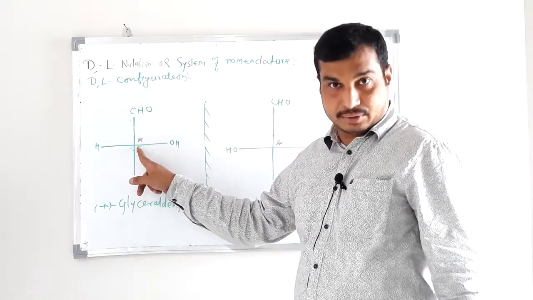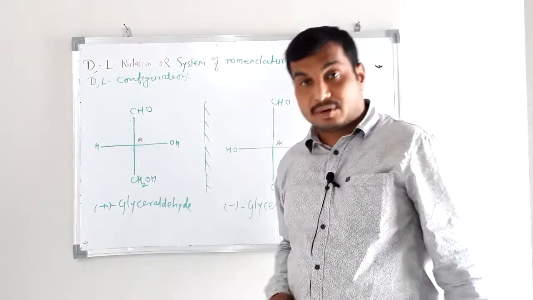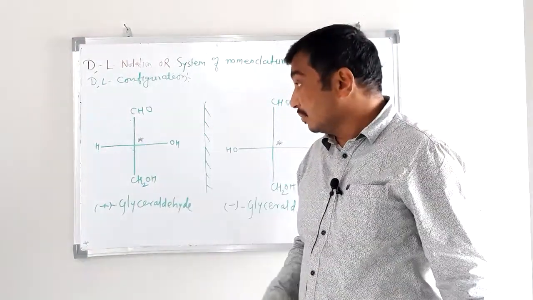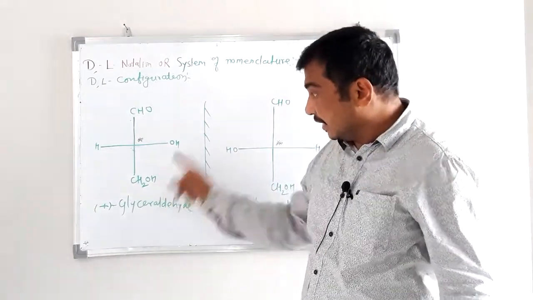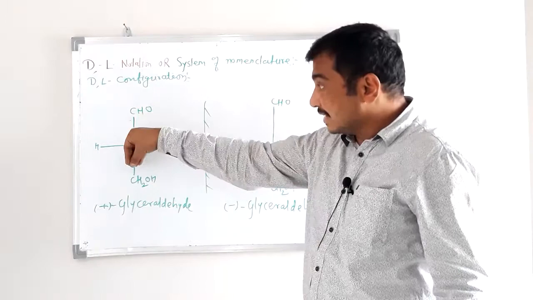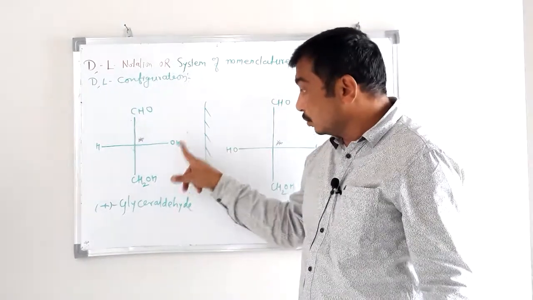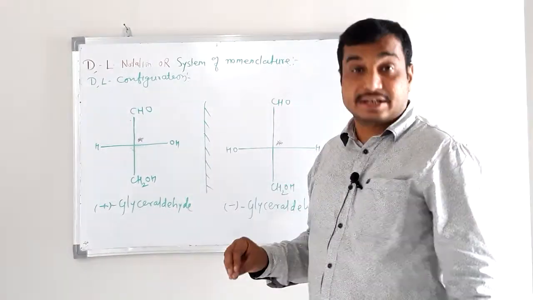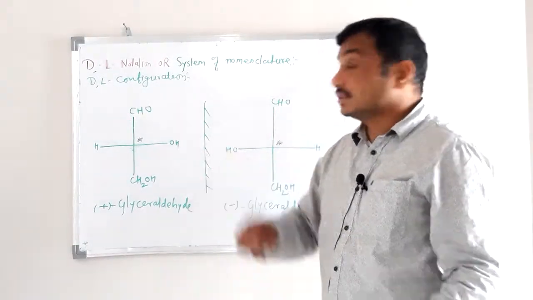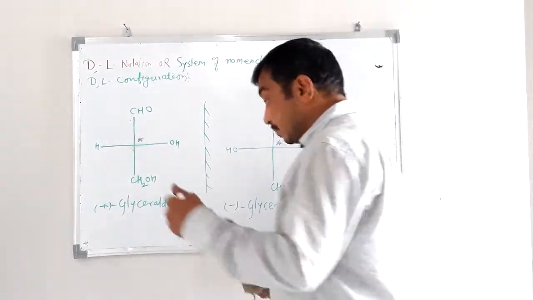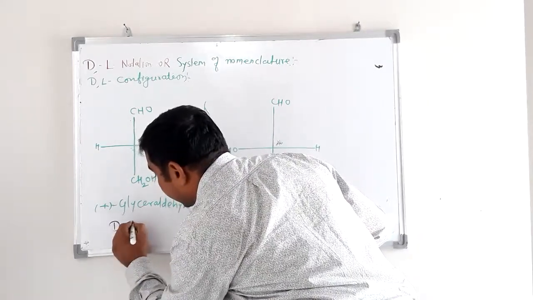On the last chiral carbon atom, the OH group is present on the right side. Then it is considered as a D form, capital D.